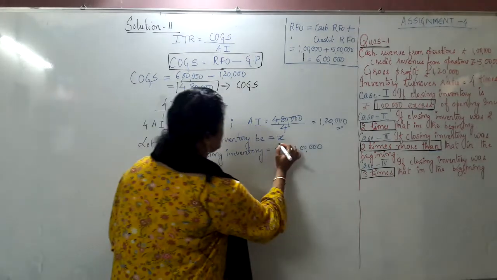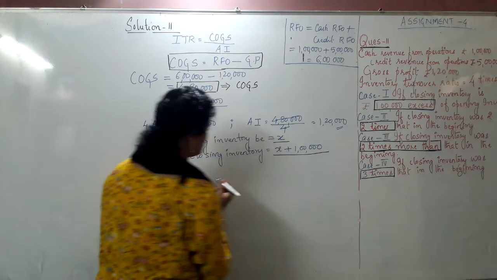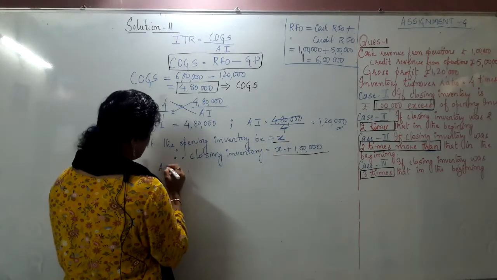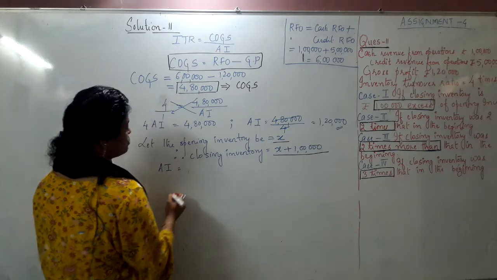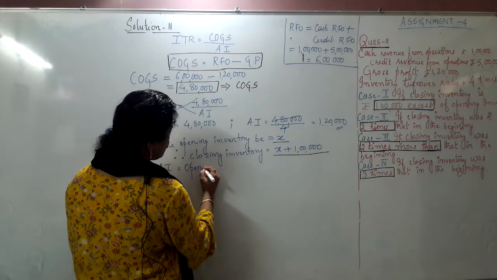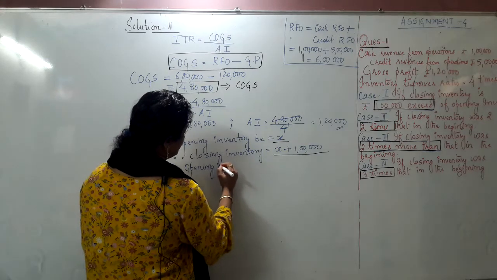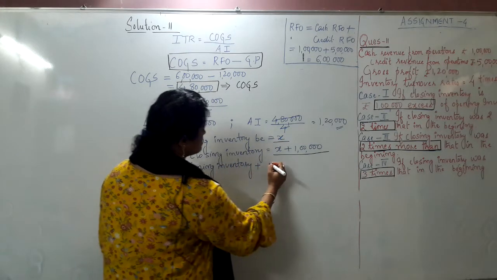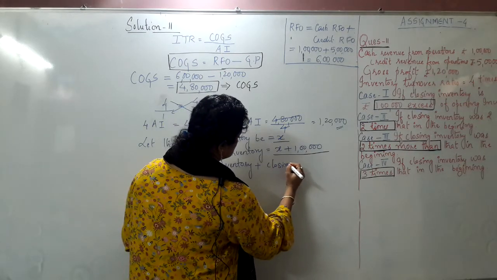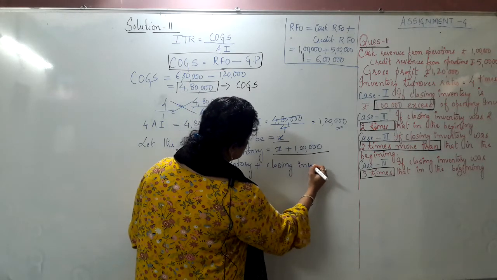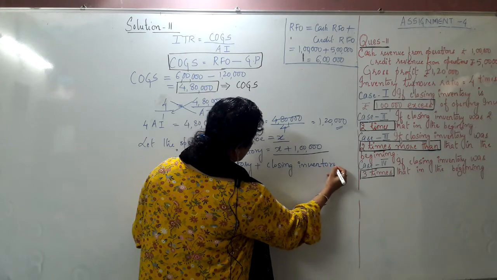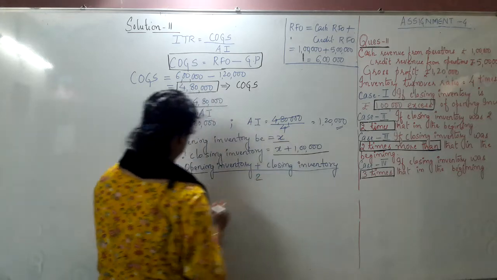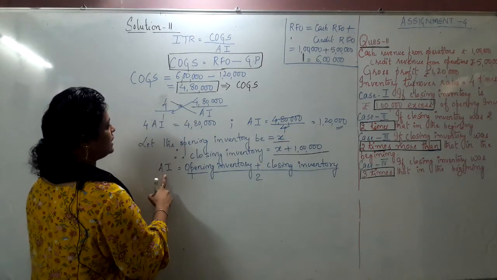Average inventory is equal to opening inventory plus closing inventory, upon 2.